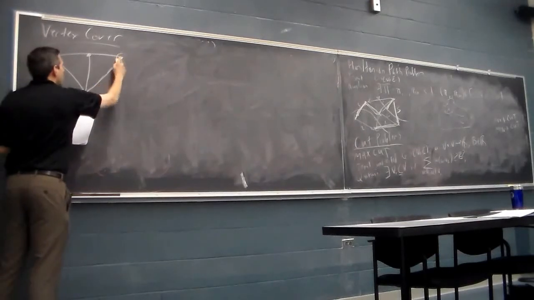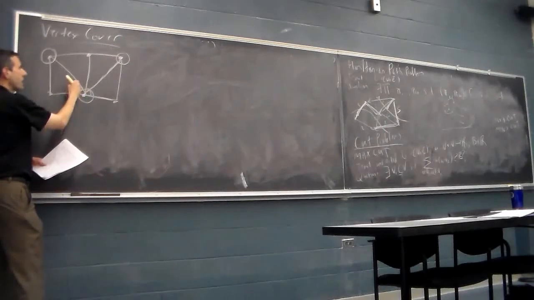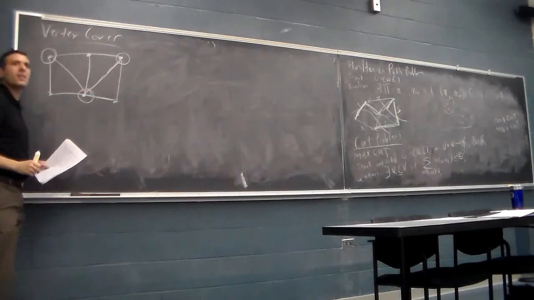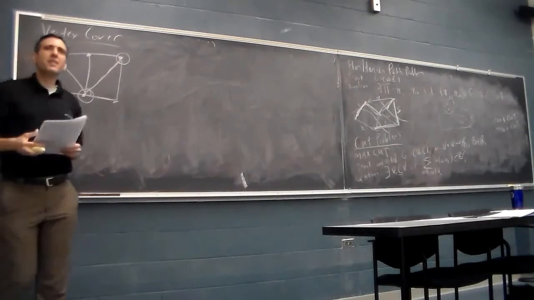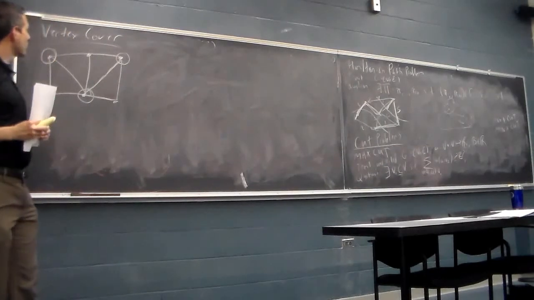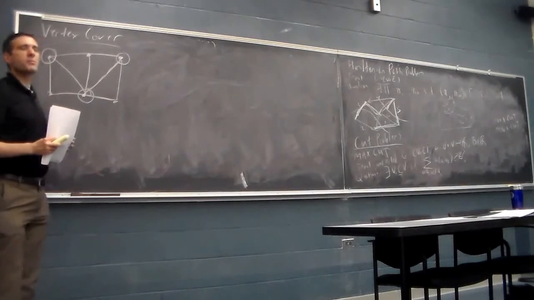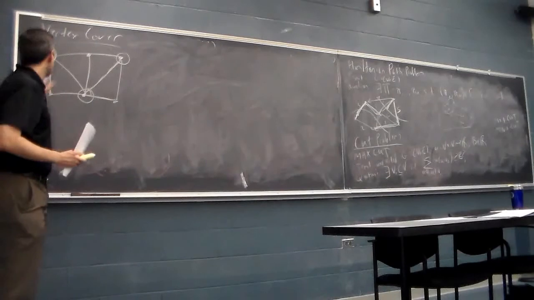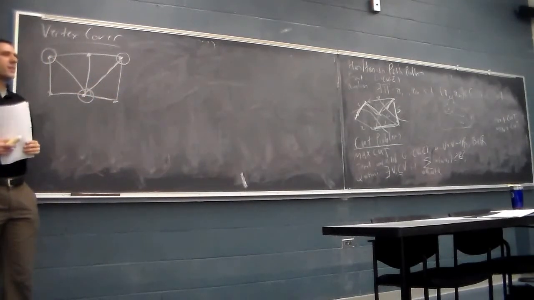We can throw in this vertex, which covers these 3 edges, and then throw in this vertex, which covers the remaining edges. So that would be a vertex cover of this graph. In the optimization version, what we're trying to do is find a minimum vertex cover. So we want to find a small number of vertices that cover the entire graph. Does the problem statement make sense to everyone?